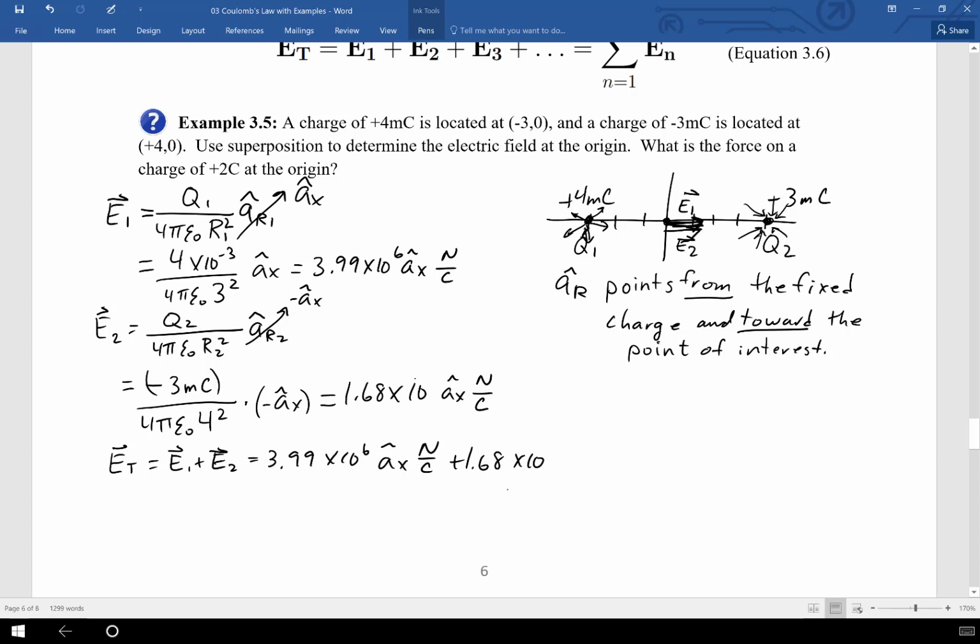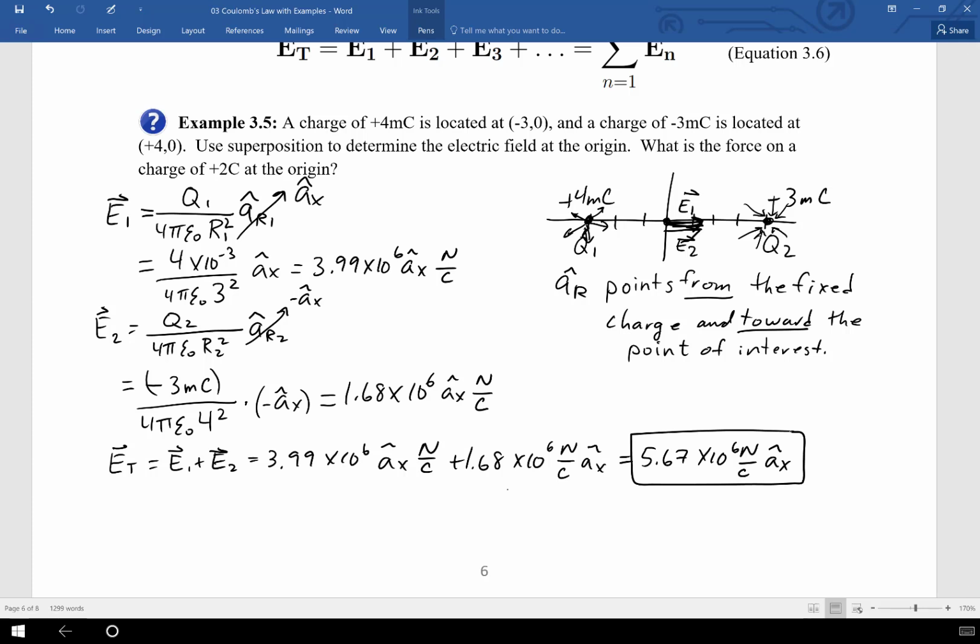I'm used to these numbers being so big. That's 10 to the 6th newtons per coulomb in the a sub x direction. And this works out to be 5.67 times 10 to the 6th newtons per coulomb in the a sub x direction. And the math did in fact work out so that the two electric fields are both pointing toward the right and the total electric field is pointing to the right.